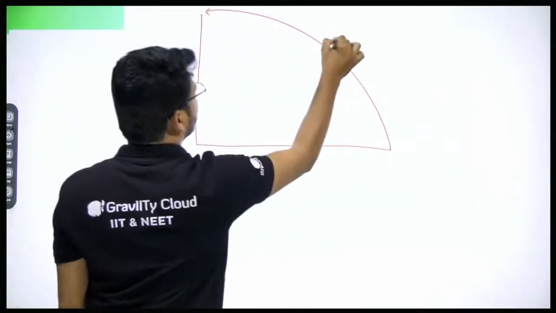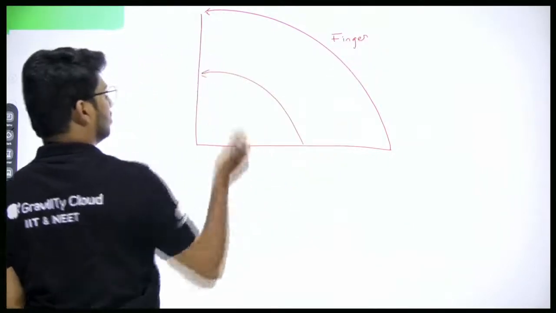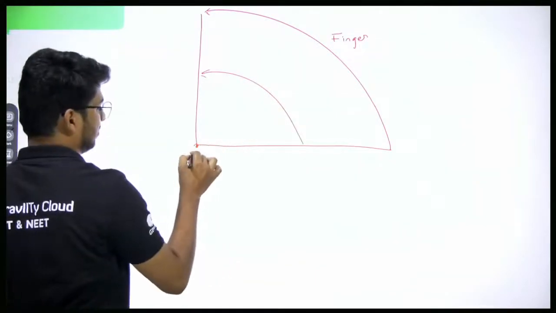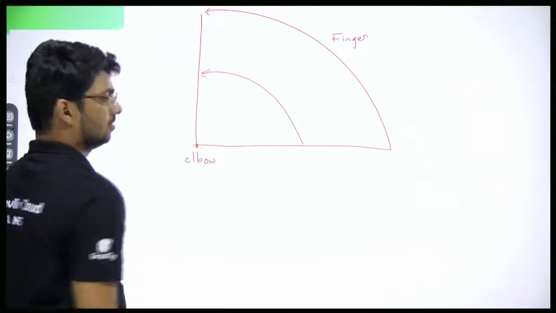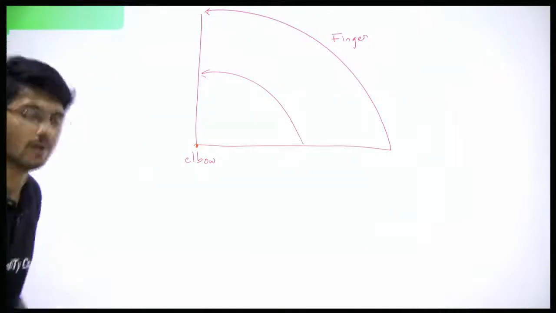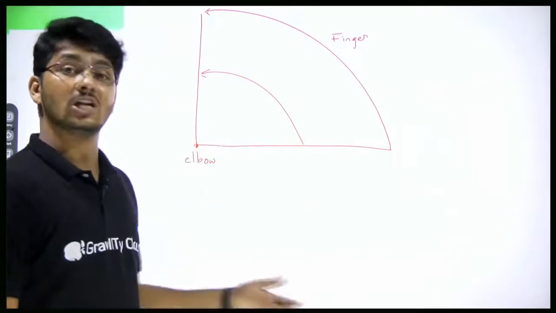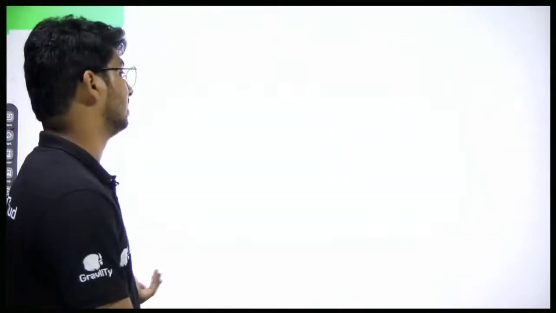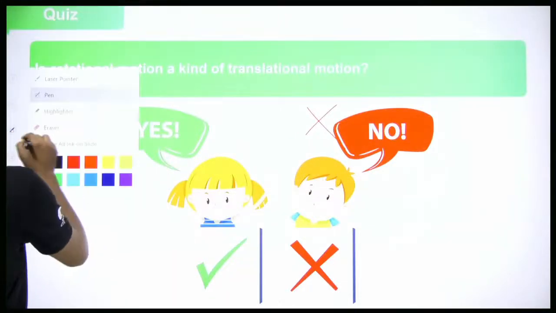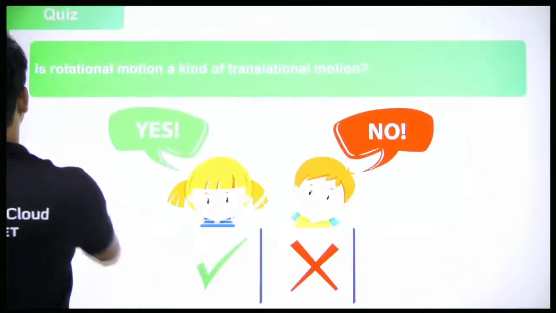The middle of the hand does not move the same distance as the tip of the finger, and the elbow is fixed. The distance moved by every point is not equal. Only when they are equal do we say it is translational motion. They are not equal, so it is not translational motion. The answer is no.